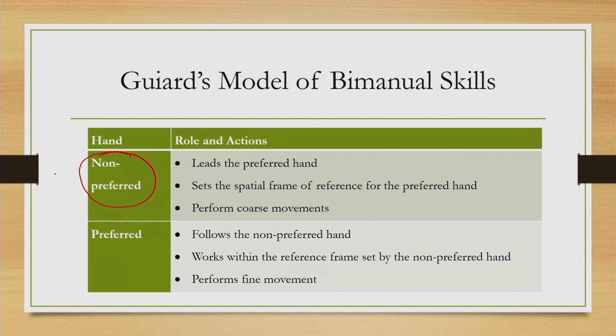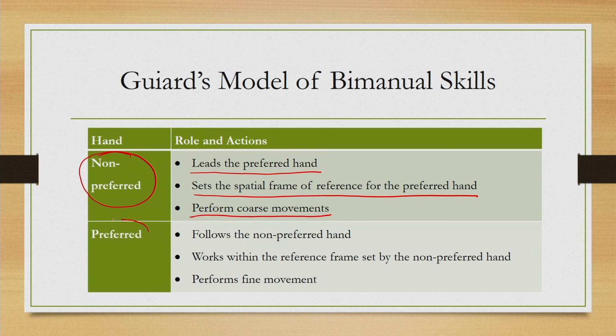So, when we are talking of non-preferred hand, it performs three roles and certain actions. It is actually the task of the non-preferred hand to lead the preferred hand. It sets the spatial frame of reference for the preferred hand. In other words, it sets a region in which the preferred hand is likely to move around, and it performs some infrequent and small movements.